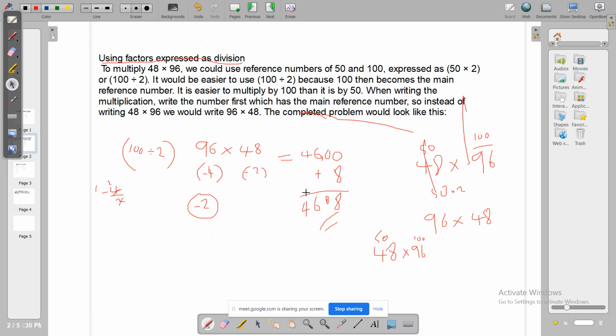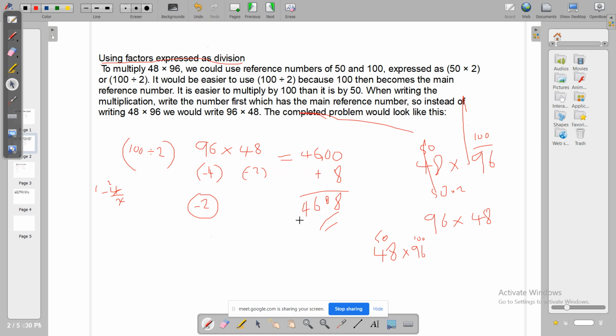Now we say that always make sure your main reference number comes first. We want to use 96 as our main reference number because we are saying division, so the number that reduces to the main reference number needs to come first.